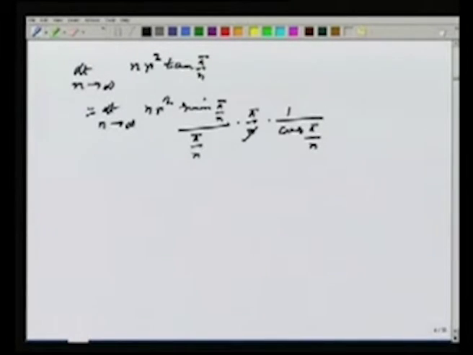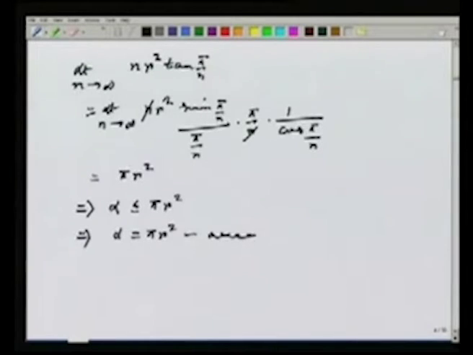As in the previous case, these two n's cancel each other and what I get is pi r square. So this implies now that alpha is less or equal to pi r square. These two together imply then that alpha is equal to pi r square, which we know is the area of the disk of radius r. So this we call the area of D.